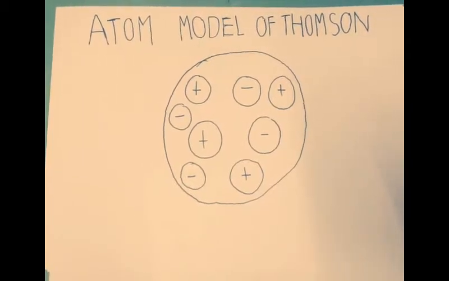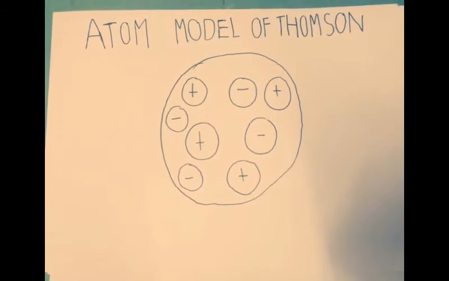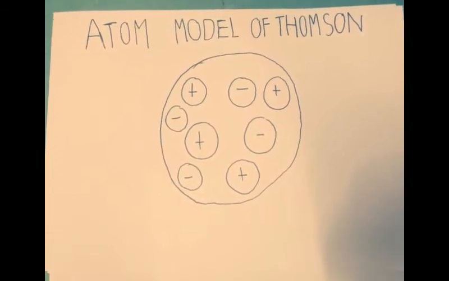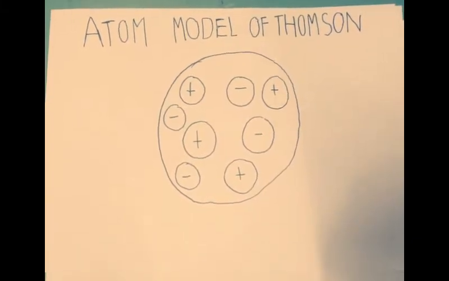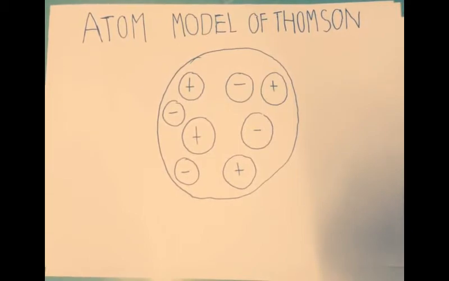Thomson's atomic model: he suggests that there are negatively charged particles in the atom and also positively charged particles to balance them. His atomic model is like the raisins in a plum pudding.